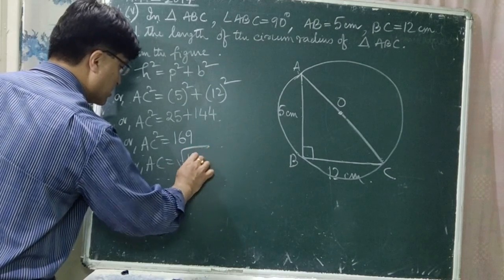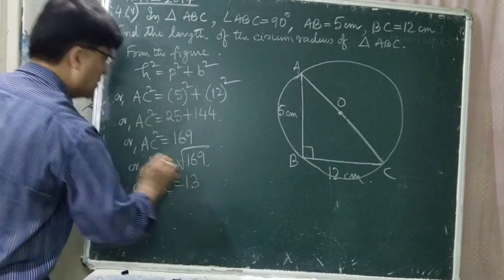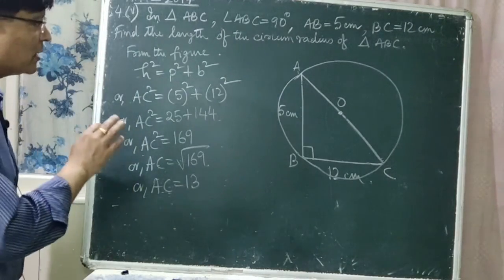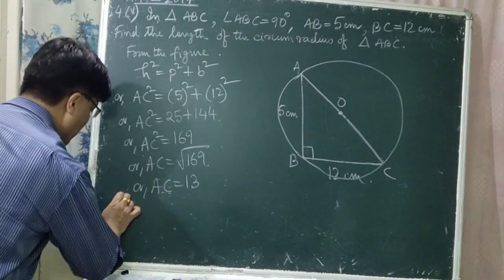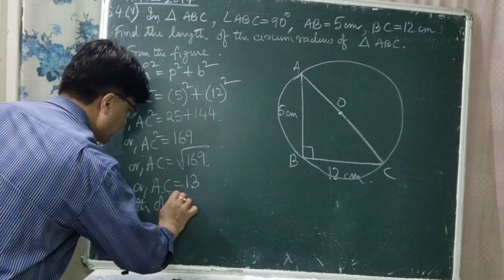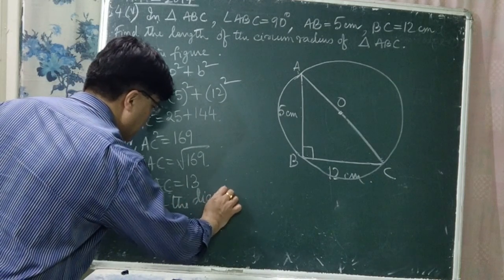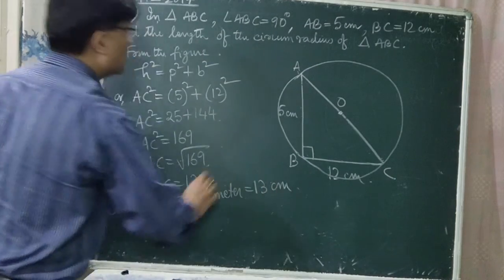It is root over 169. So AC is equal to 13. That is, what is the length of the diameter AC? That is your 13 centimeter. So let us write here, length of the diameter is equal to 13 centimeter.